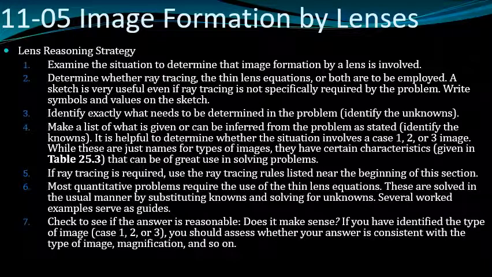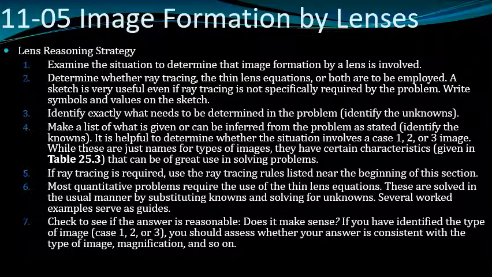So let's use our lens reasoning strategy. 1. Examine the situation to determine that image formation by lenses is involved. I mean, if it's not a lens, this isn't going to work. 2. Determine whether ray tracing, the thin lens equation, or both are to be used. A sketch might be useful even if ray tracing is not specifically required. 3.